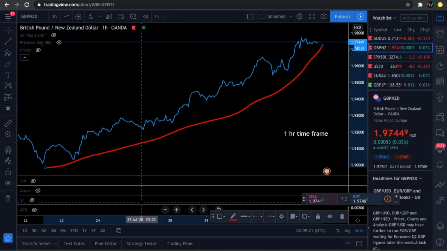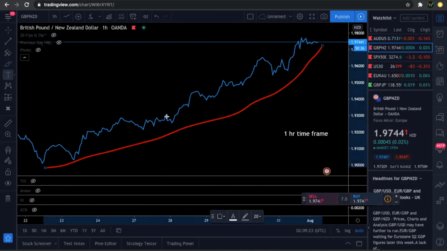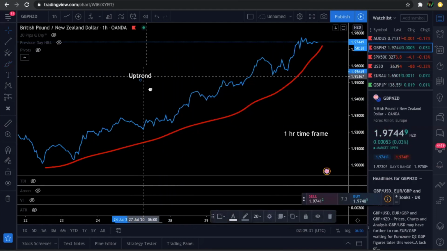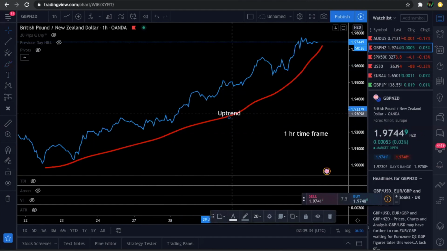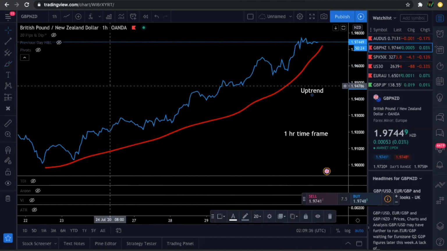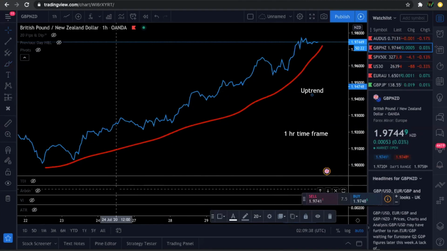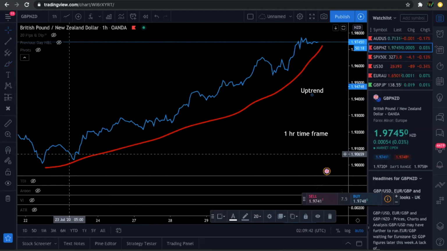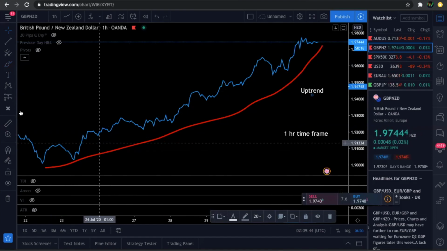So when it's going up like this, we call this an uptrend. And how do we know that this is an uptrend? We know this is an uptrend because the trend keeps making higher highs and higher lows. So this is what this means.